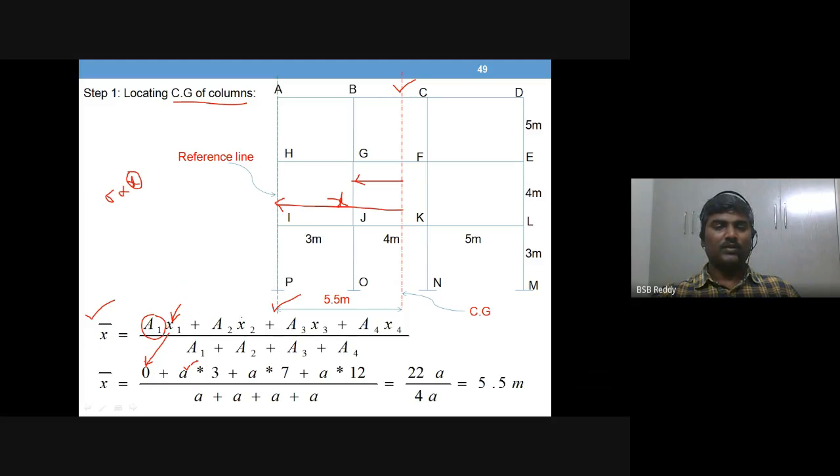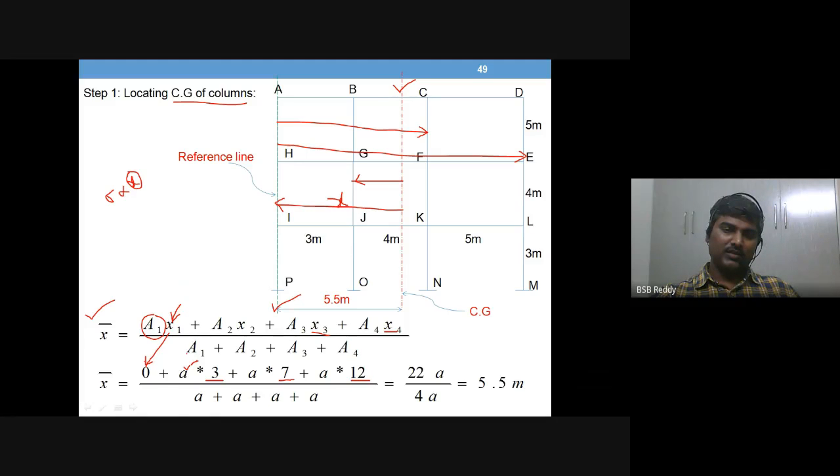So x2 is 3 meters. x3, the third column distance from the reference line, is 4 plus 3. x4, the fourth column distance from the reference line, is 3 plus 4 plus 5, which is 12.